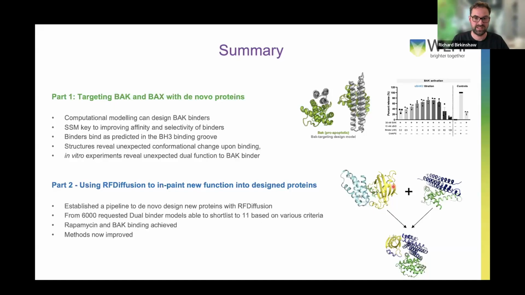This is something we are now looking to address in our refinement of these binders: how we can prevent the unfolding of BAC to make a true inhibitor, as opposed to something that has this dual functionality that's quite hard to translate into something that could be useful in the clinic, for example. Yes, I think that's all I have to say on that.